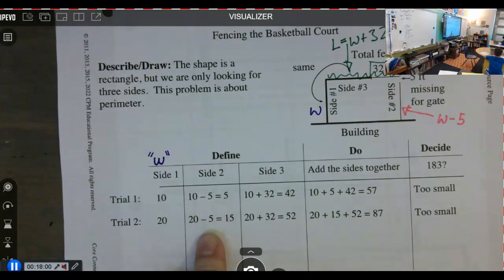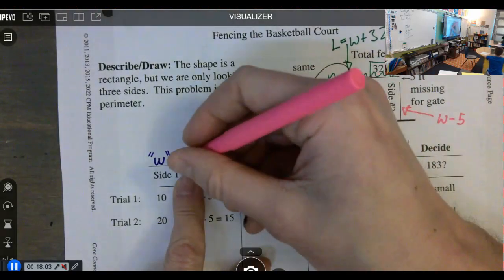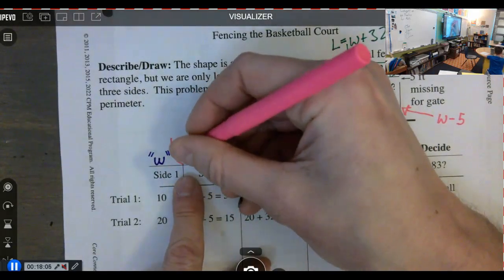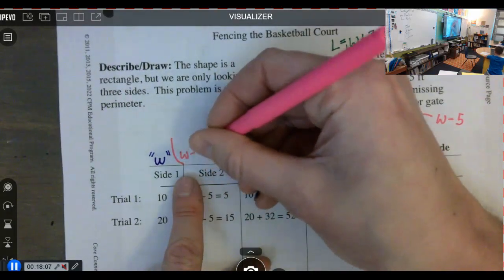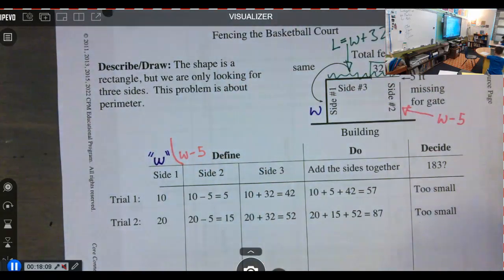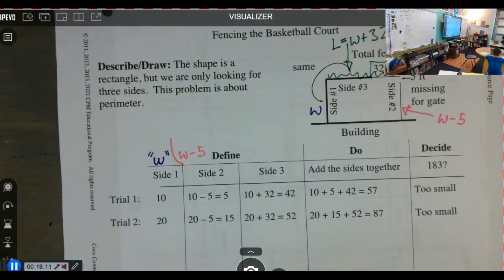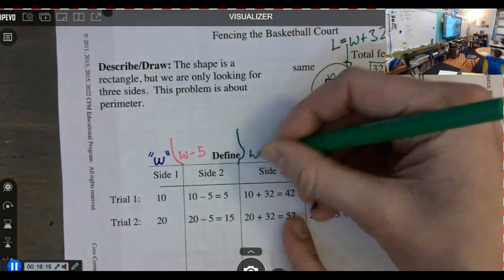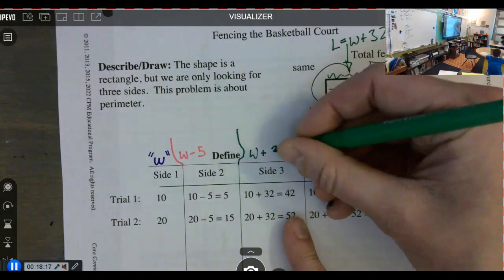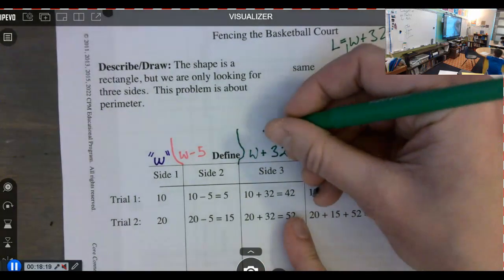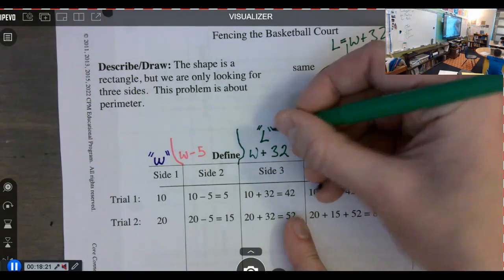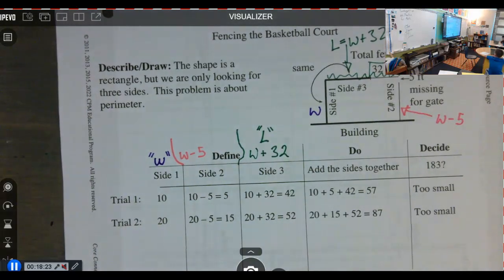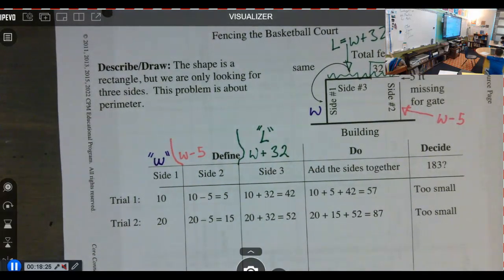Basically with minus 5. Yeah, this side 2 is actually our width minus 5. And this side 3, L equals, yeah, it's the length, but really we said the length is W plus 32.